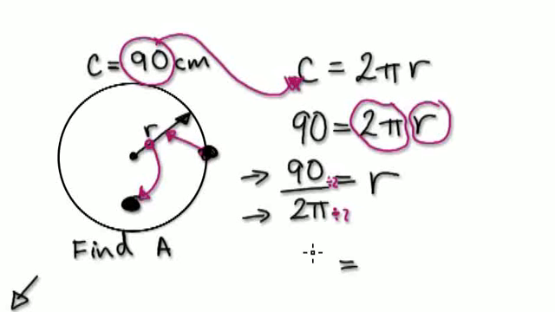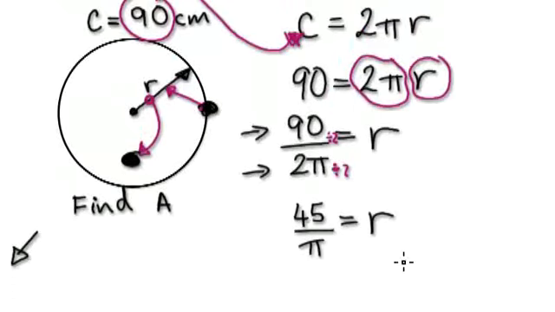So r equals 90 divided by 2 is 45, and then 2 pi divided by 2 is pi. So that's r. Now that we've got the radius, we can jump to the area.